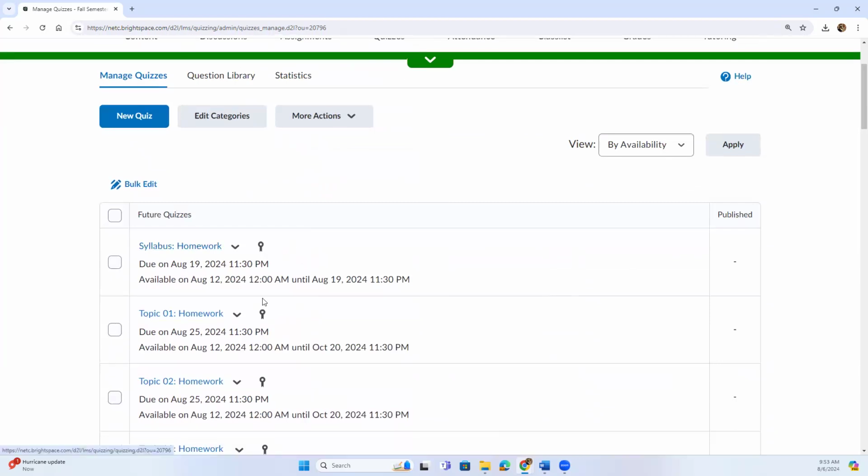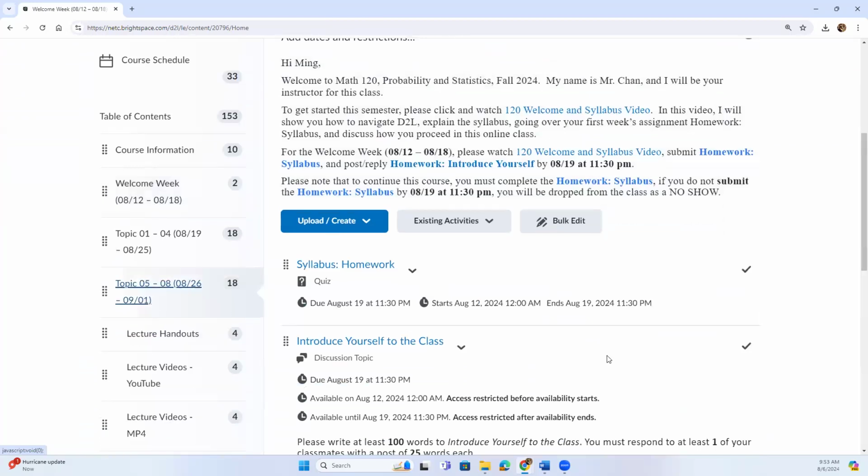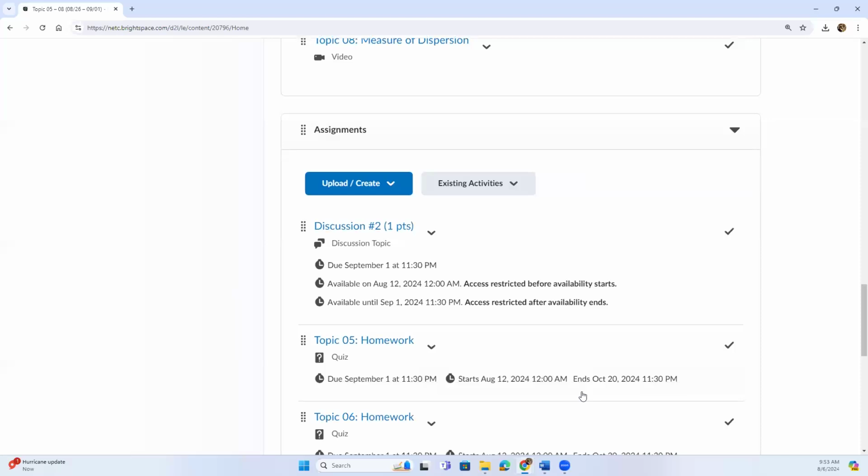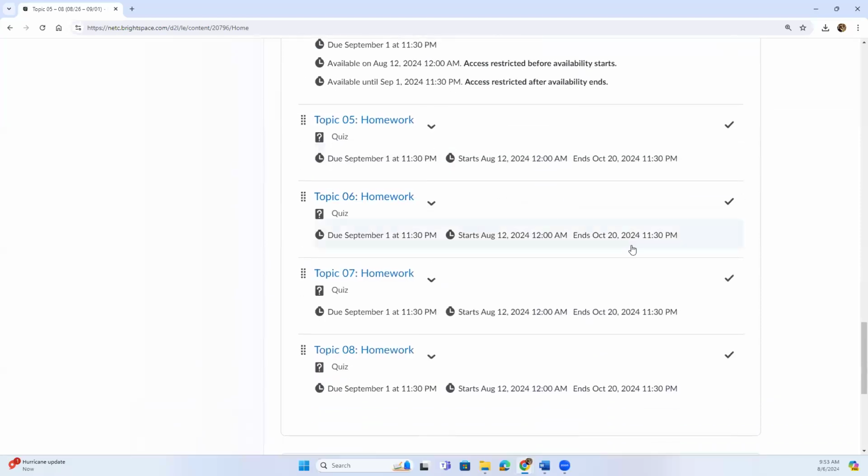Before I click on this, I do want to mention that every homework assignment has a start date, due date, and end date. All the end dates have been set to when the class ends. So if you have any missing homework assignments, you can make them up at any time of the semester.